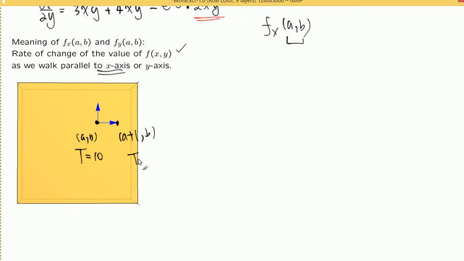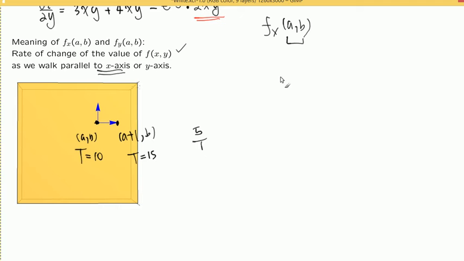Then suppose that was actually 15. Here the temperature was 10, I walked along a straight path like that, and now the temperature is 15. So I would guess the average rate of change of the temperature is 5 divided by 1. Let's say 1 is 1 meter. So 5 Fahrenheit per meter as you walk along that will be one idea, right?